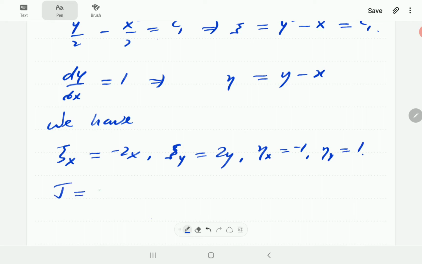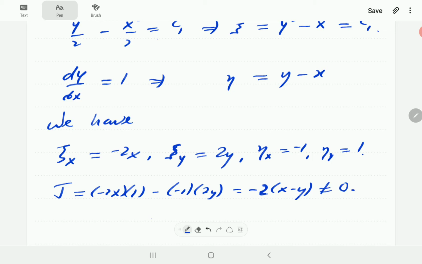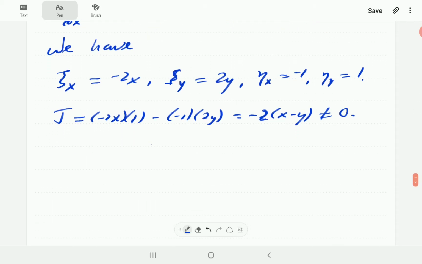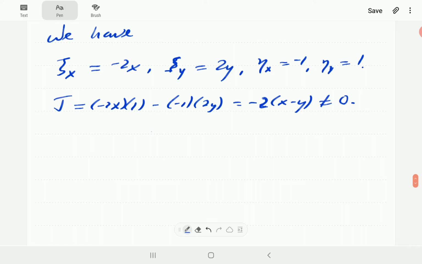So the Jacobian is going to be minus 2x times 1 minus minus 1 times 2y. It's going to be negative 2 into x minus y. But this equation is defined away from x equals to y. So this is always non-zero. So we're fine.